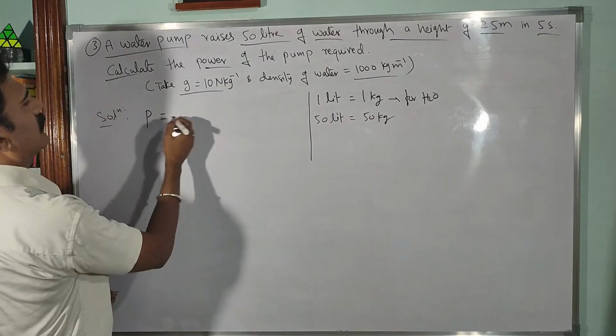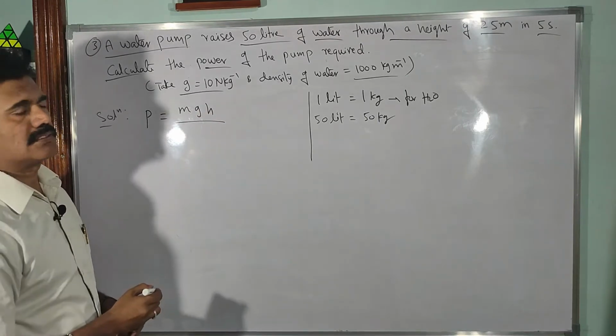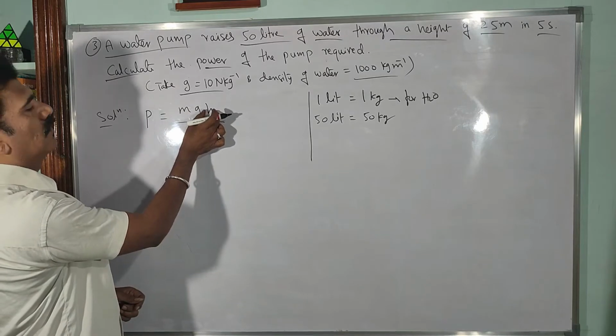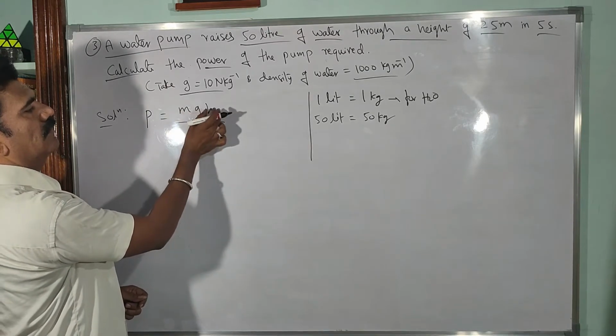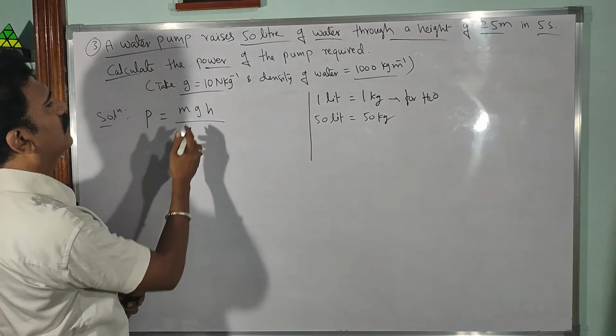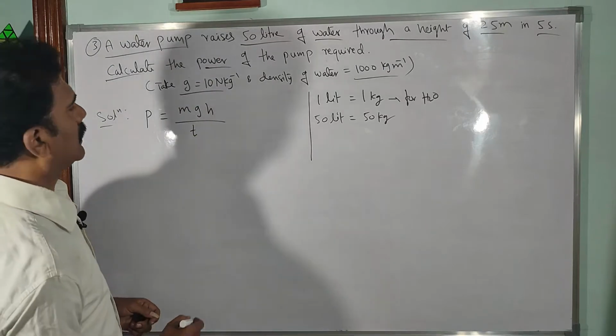Substitute that value now in the equation of power. What is the equation of power? First of all, mgh. In fact, mgh you can consider as force into displacement, as the work done. Force is mg multiplied by the displacement h. So the equation is mgh divided by time taken. To calculate the power, you need to divide by time taken.